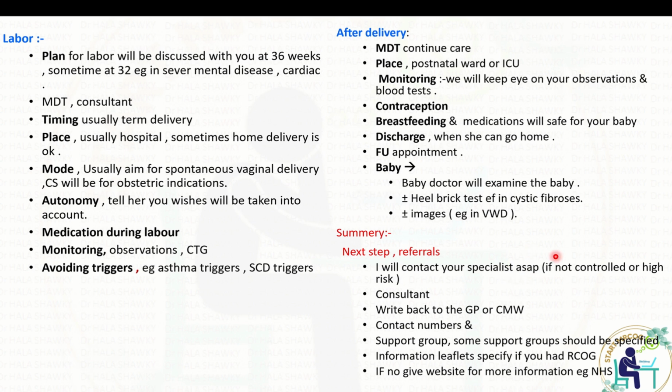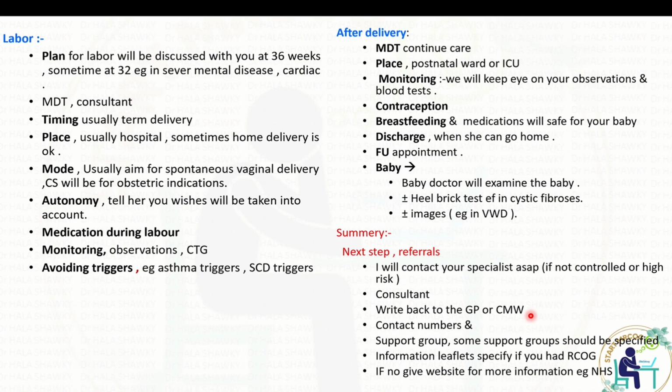So the referral should be urgent or as soon as possible, and be careful with these words, because usually they deduct marks for words like urgent and as soon as possible. But in preconceptional, no, it shouldn't be urgent, because the patient is not pregnant, so there is no urgency in the situation.